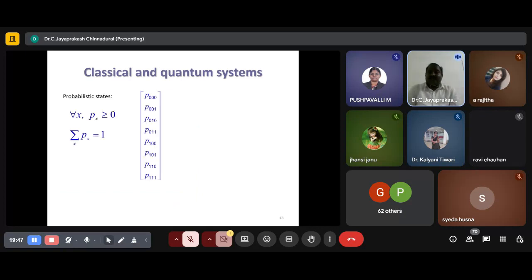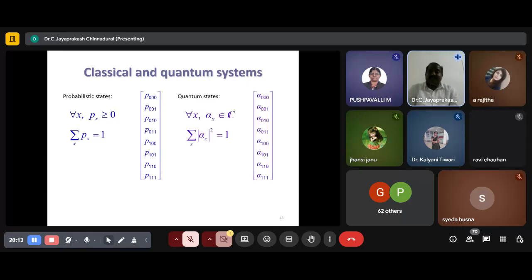So classical and quantum systems, how will they be represented? Probabilistic states: for all x, the probability of x must be greater than or equal to 0, and the sum over x of the probability of x equals 1. This is the classical case. And the values we get are p000, p001, like that up to the probability of 111.